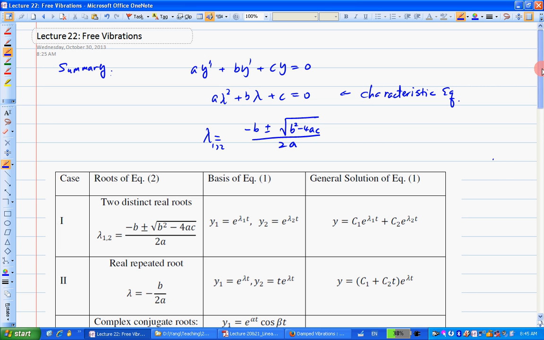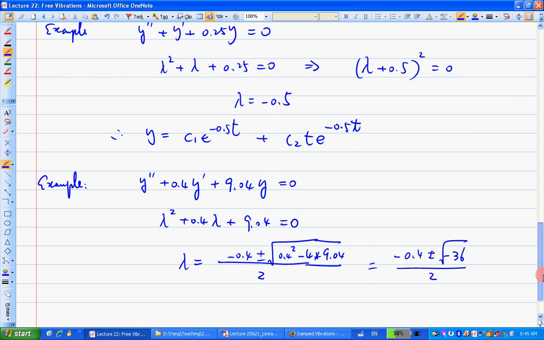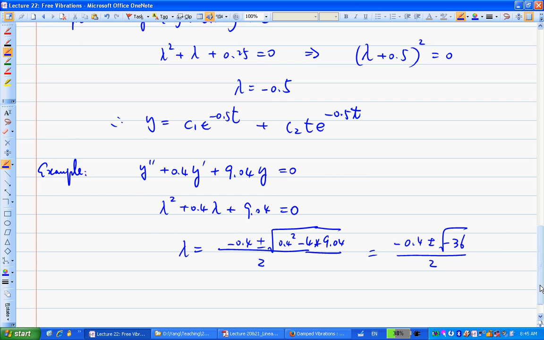Just double check just a sec. Okay. So 4 by 9.04 is 36.16. So that 0.16 got cancelled. Only 36 left. Okay, so then this guy equal to negative 0.4 plus minus j, what? 6, right?